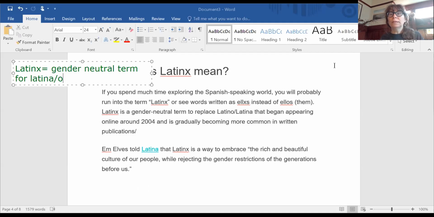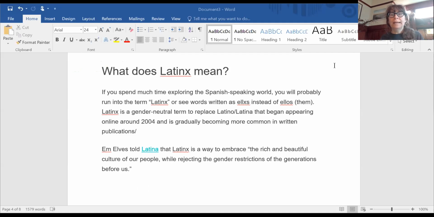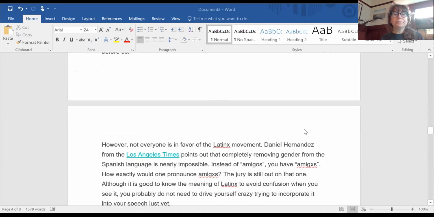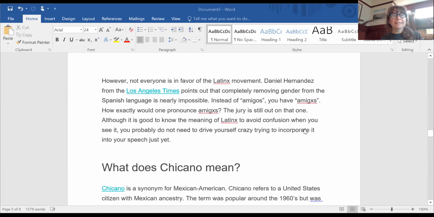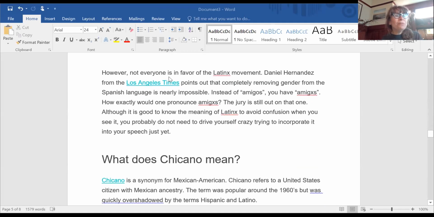So I'm going to clear this drawings and move this down. Ooh. Let's keep on reading. However, not everyone is in favor of the Latinx movement. Daniel Hernandez from the Los Angeles Times points out that completely removing gender from the Spanish language is nearly impossible. Instead of amigos, you have amiguexes. How exactly would one pronounce amiguexes?